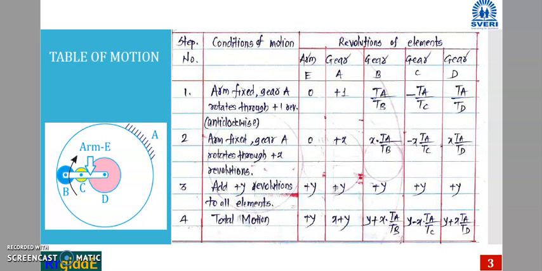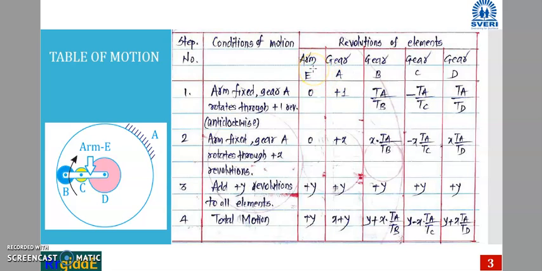Now, to find the speed of C, we need to tabulate the data in a table of motion. So this one is the table, column number 1, column number 2, column number 3. Again it is divided into 5 sub columns.